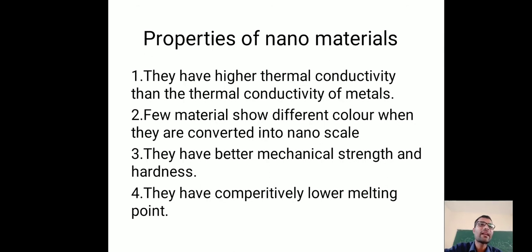Then they have better mechanical strength and hardness. Then nanomaterials have a relatively lower melting point. Means nanomaterial melts at a lower temperature.